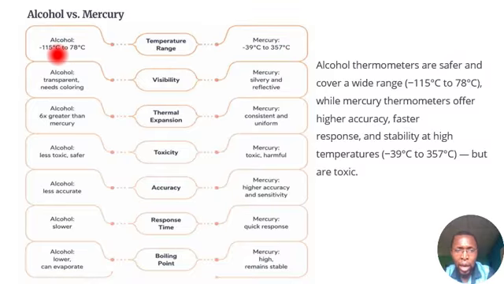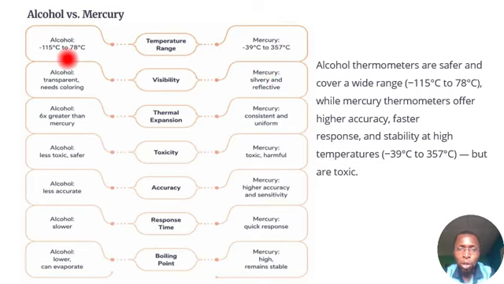So from this, you can easily see that in terms of temperature range, mercury has a larger range than alcohol.